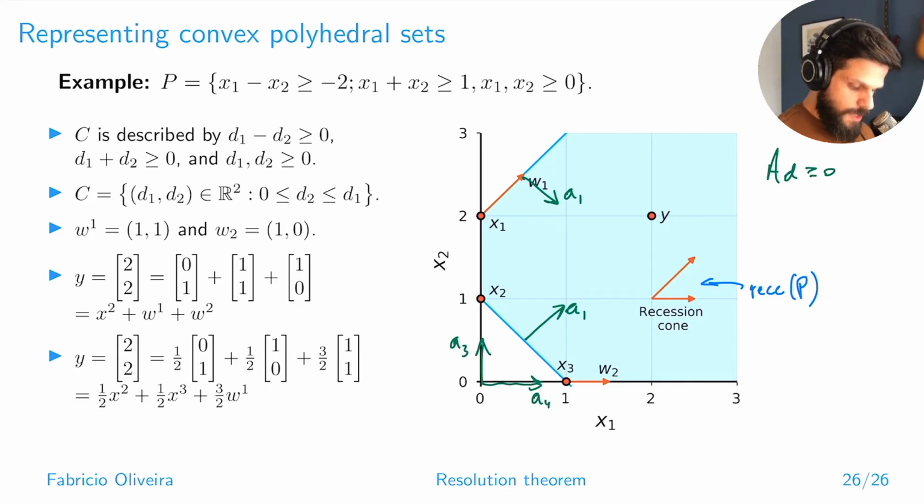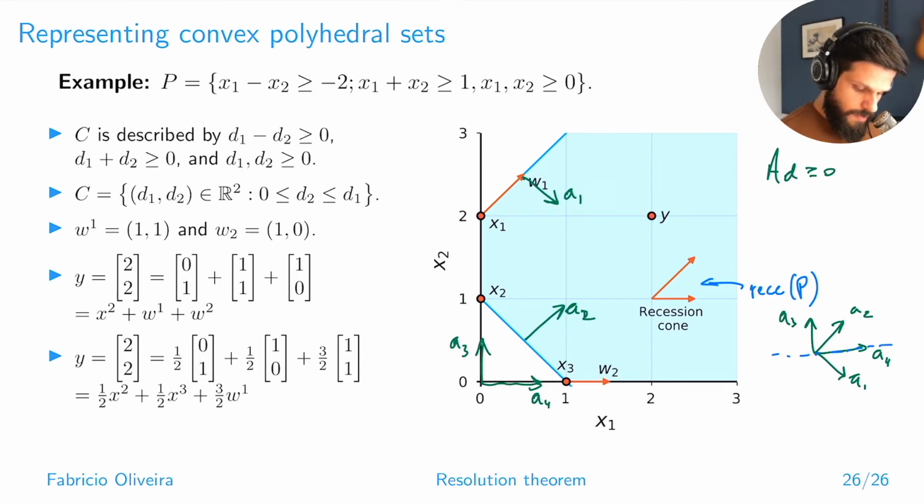Now, I'm going to move them all to the same point, say here. So I have A1, A2, like so, and I have A3 and I have A4. And I want all the vectors that form an angle no greater than 90 degrees with them all. So basically what I have to do is the intersection, right? So above this is everything that forms an angle no greater than 90 degrees with A3.